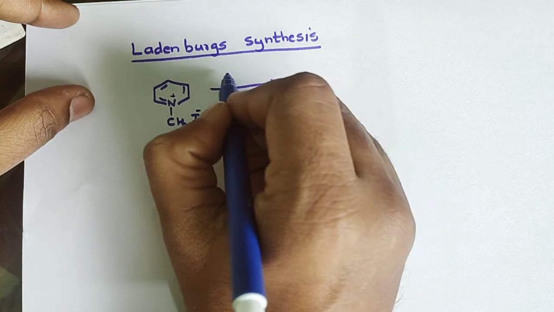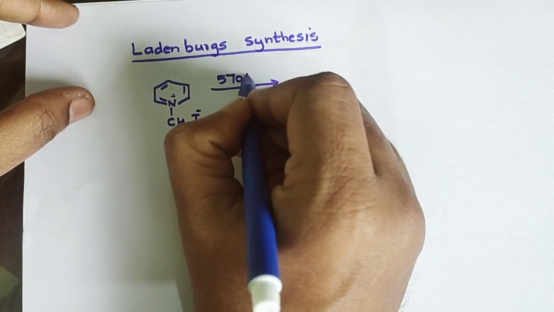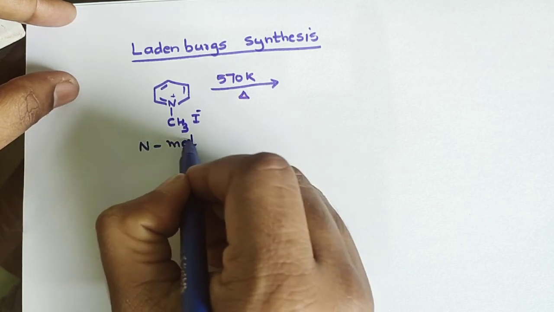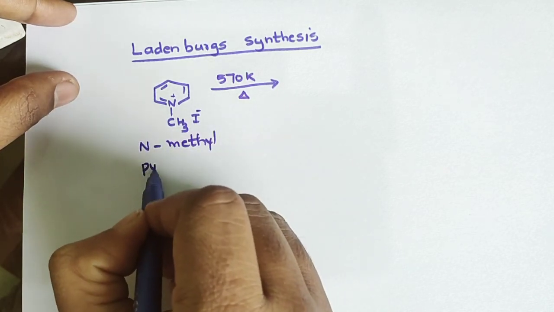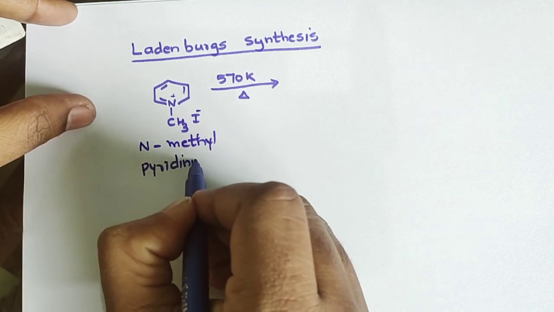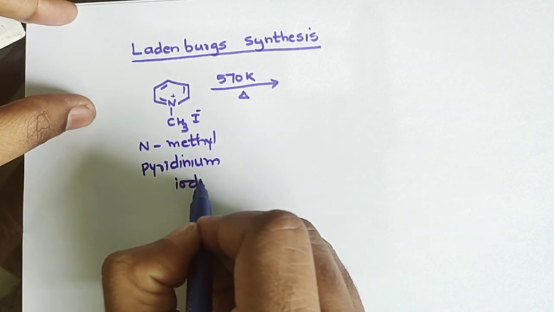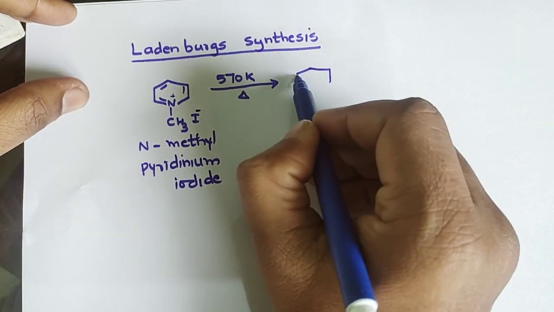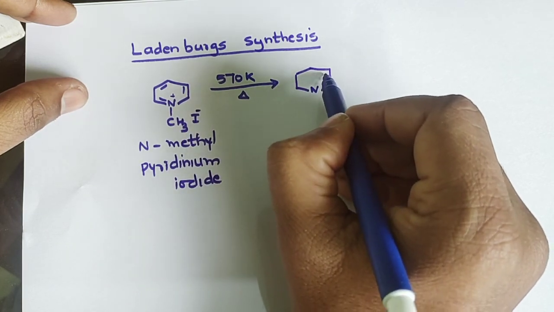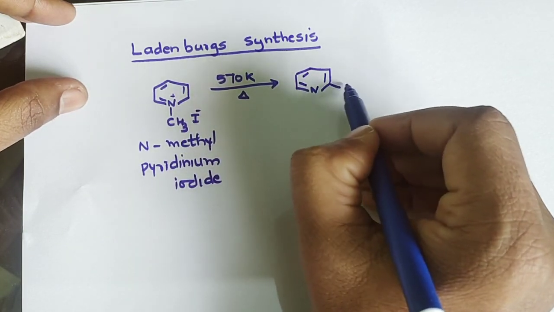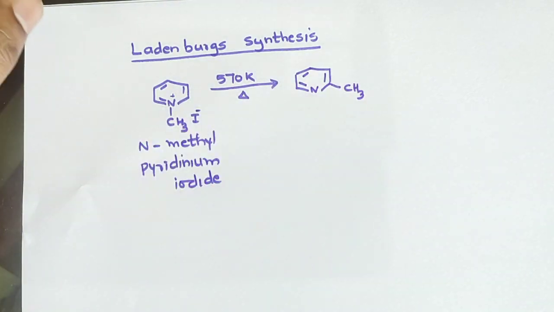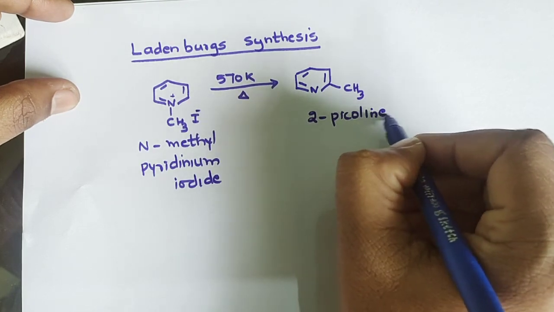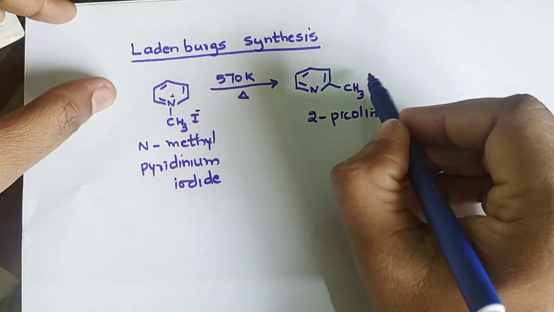When this is heated at 570 Kelvin, you get this molecule, 2-picoline, with CH3.